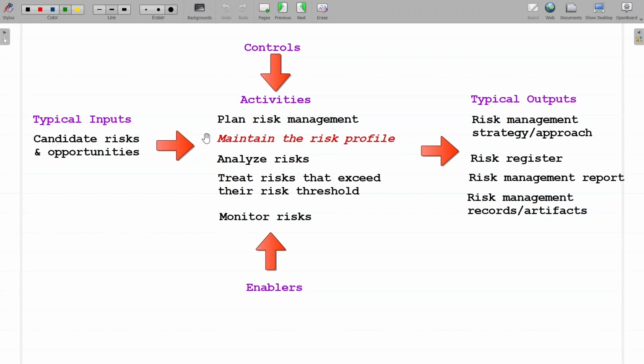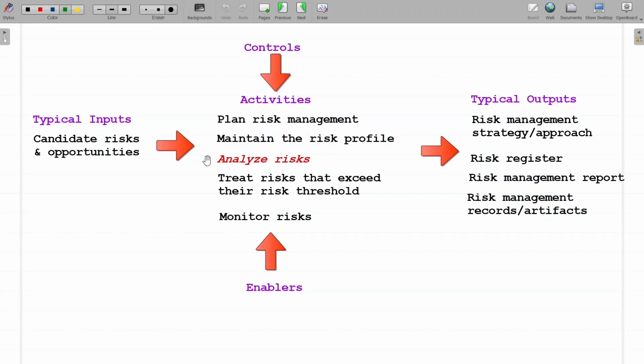Maintain the risk profile: establish and maintain a risk profile to include context of the risk and its likelihood of occurrence, severity of consequences, risk thresholds, and priority and the risk action requests aligned with the status of their treatment. Ensure updates of the risk profile are available to relevant stakeholders.